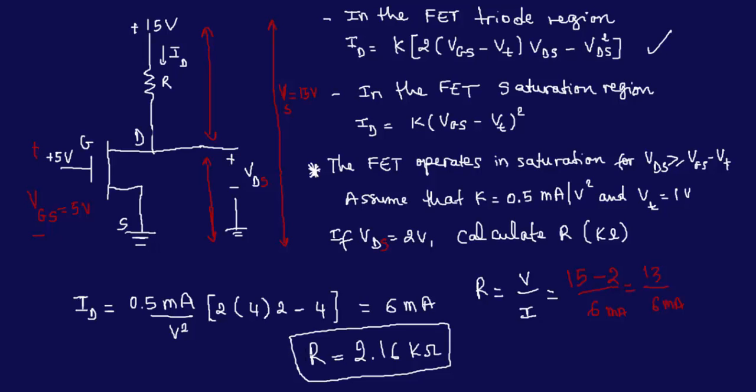So just to kind of recap, MOSFETs or JFETs, typically it's operating in either region sometimes, so they will give you a clue or hint or something to kind of tell you which region is operating. Sometimes they will actually ask you, in what region is a MOSFET operating?